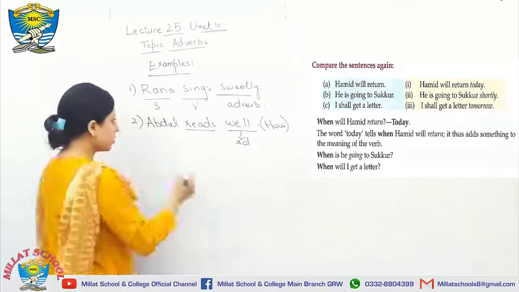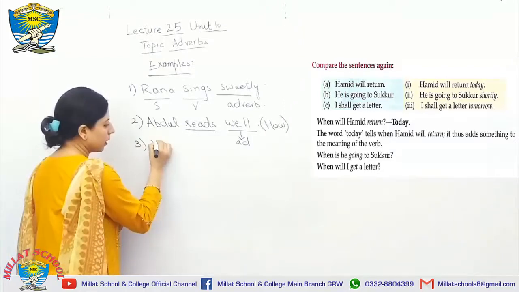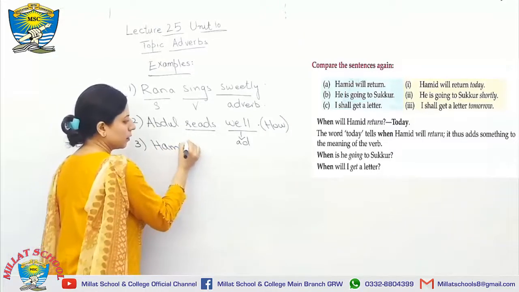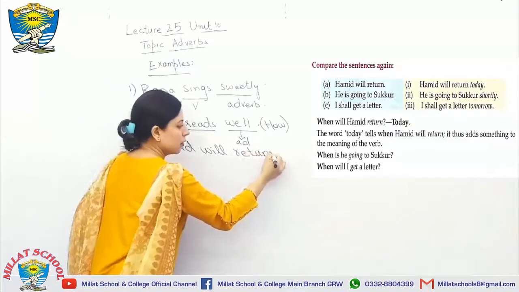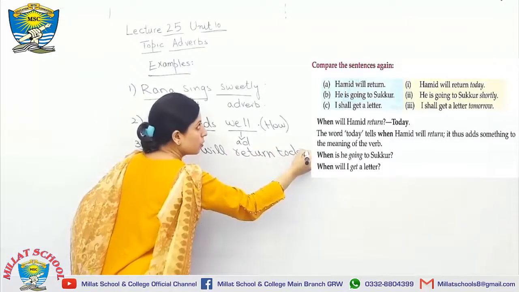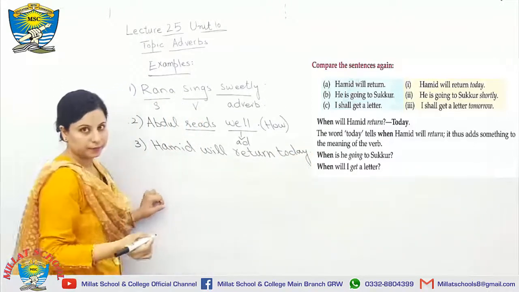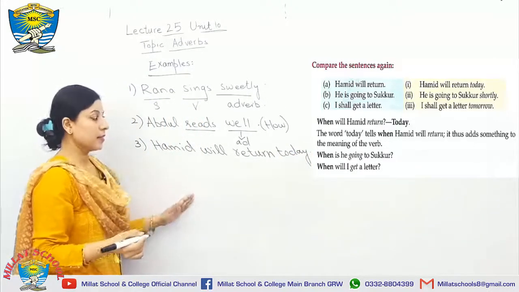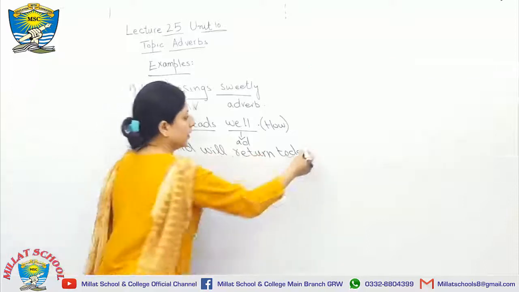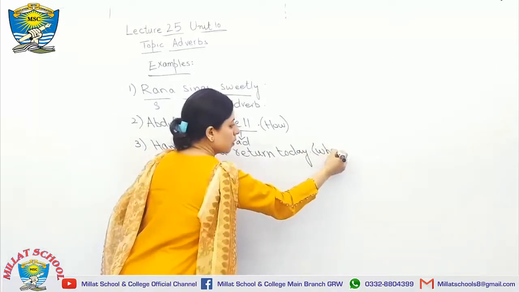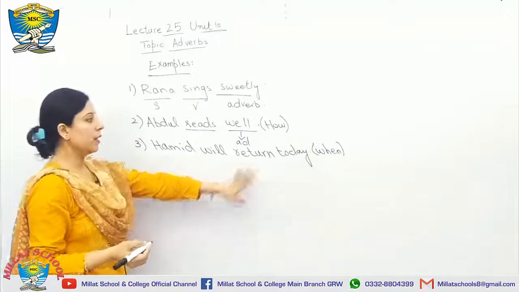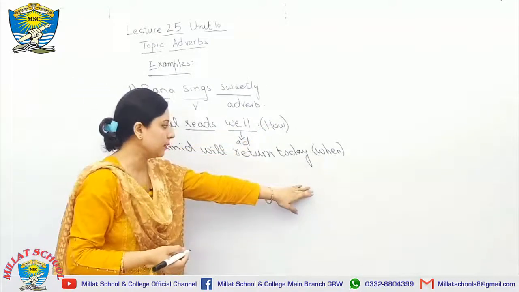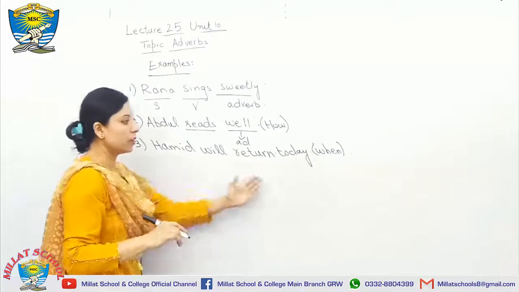Let's see one more example of when and where. Hamid will return today. Now today tells us what? Today tells us when. Hamid returns when. This is what we are talking about, that how, when and where. Hamid will return today.